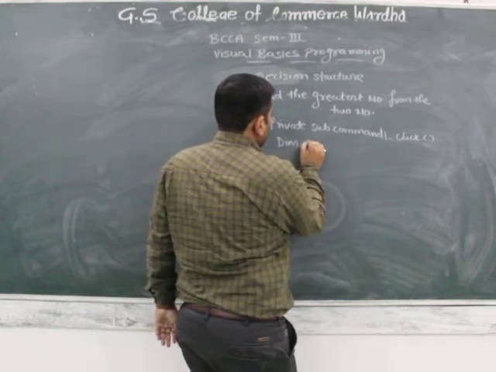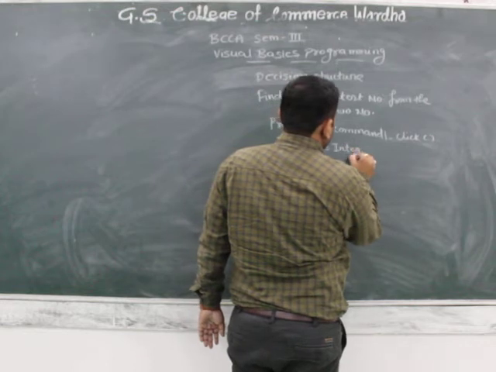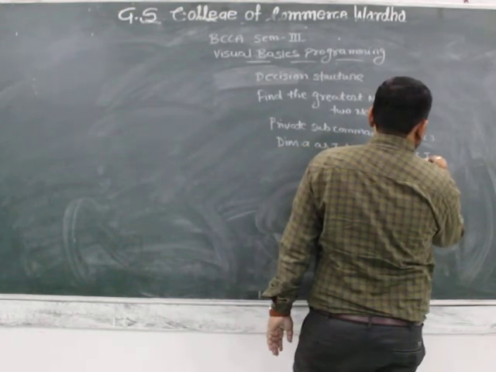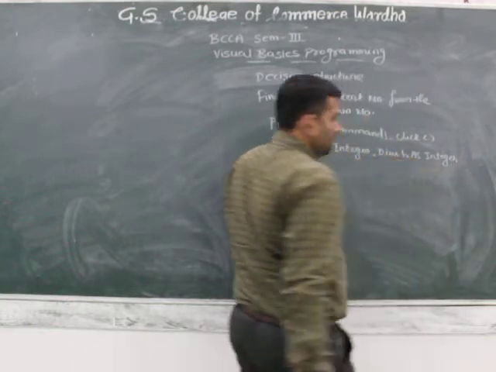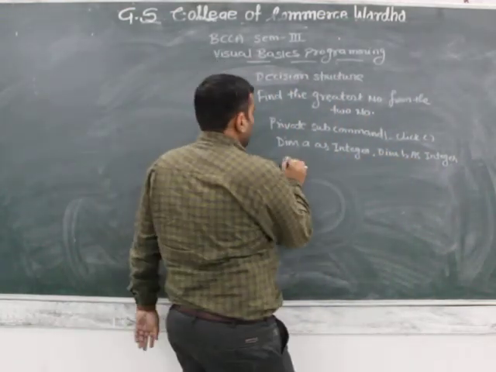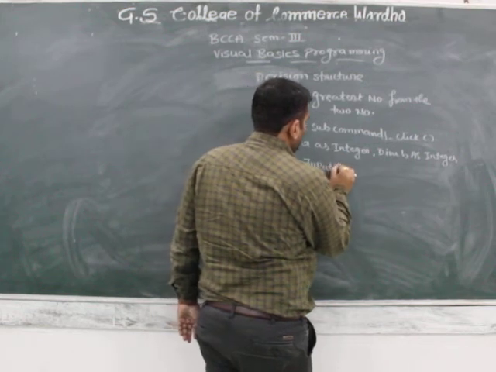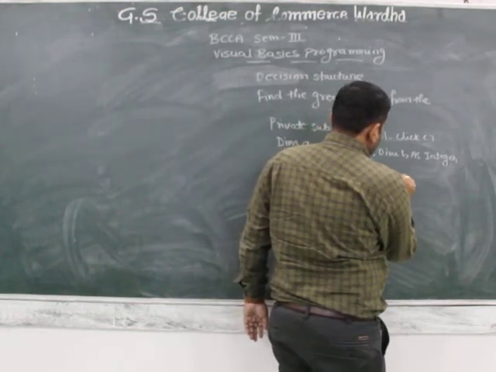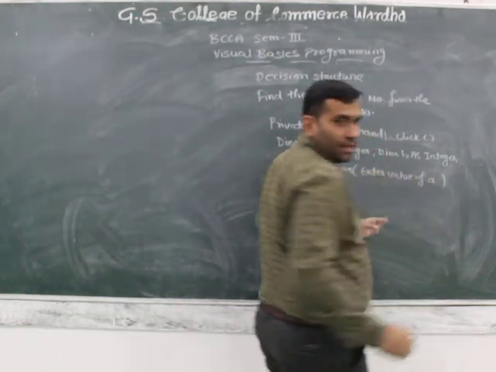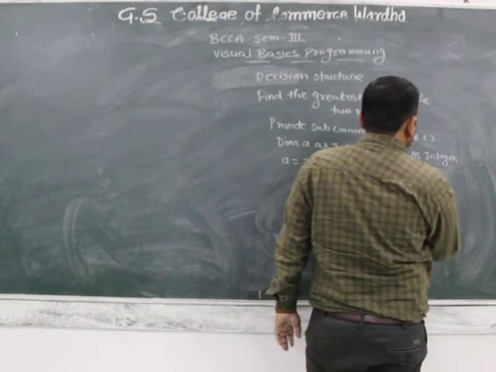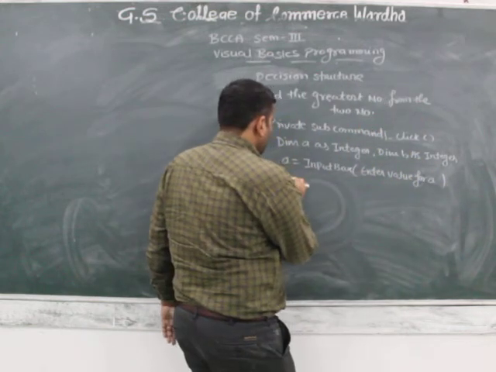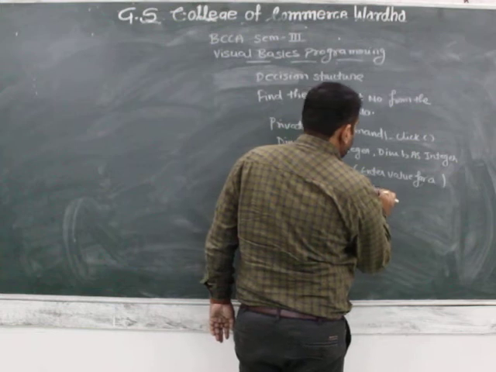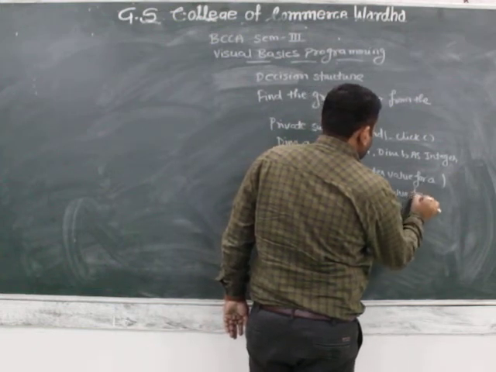Dim a as integer, dim b as integer. a equal to input box, enter the value for a. b equal to input box, enter the value for b.